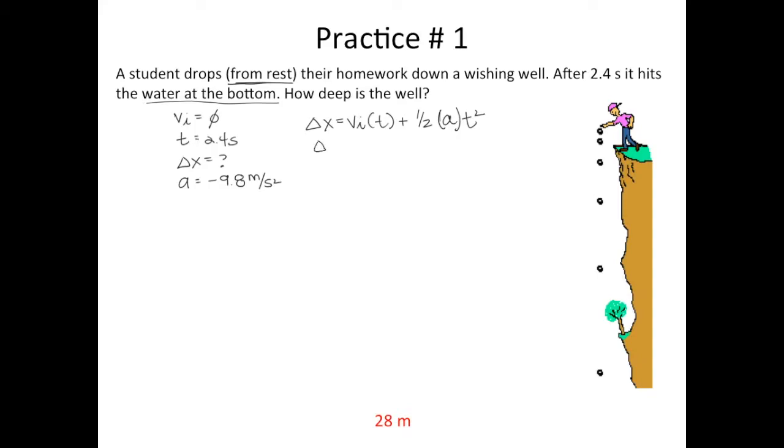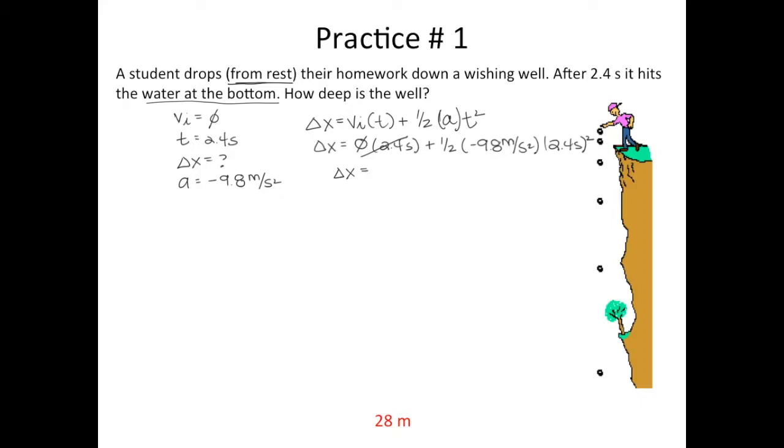Delta x equals, our initial velocity is 0, our time is 2.4 seconds, plus 1/2 times negative 9.8 meters per second squared times 2.4 seconds squared. Okay, if you notice, 0 times 2.4 seconds goes away.